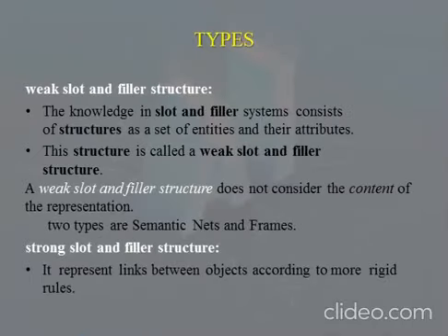And then we have two types of slot and filler structures. One is weak slot and filler structure, and the other is strong slot and filler structure. So far we have seen only the weak slot and filler structure, and the types of weak slot and filler structures are semantic nets and its enhancement, which is the frames.